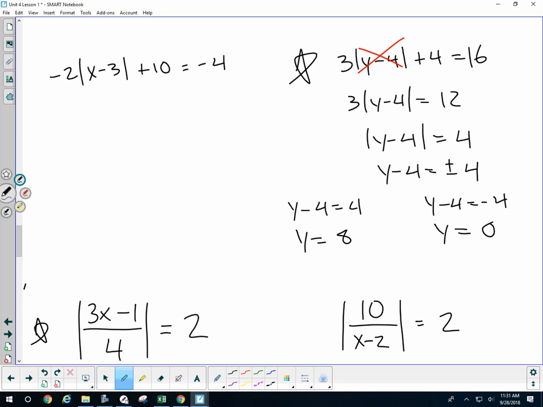Okay, don't distribute over absolute values. Isolate the absolute value. Then set up your equations to solve.